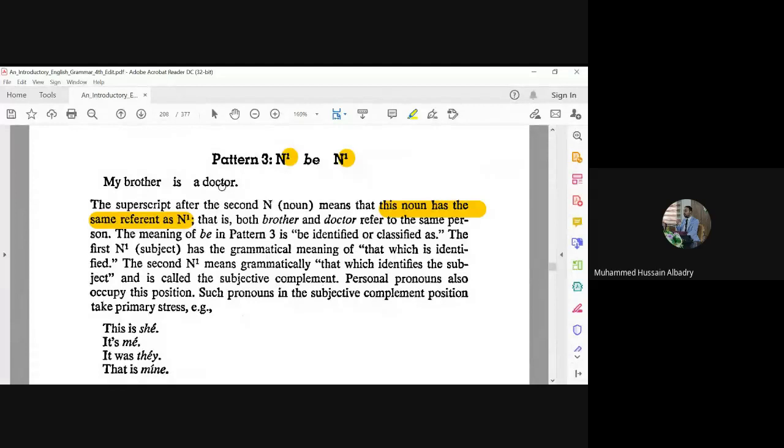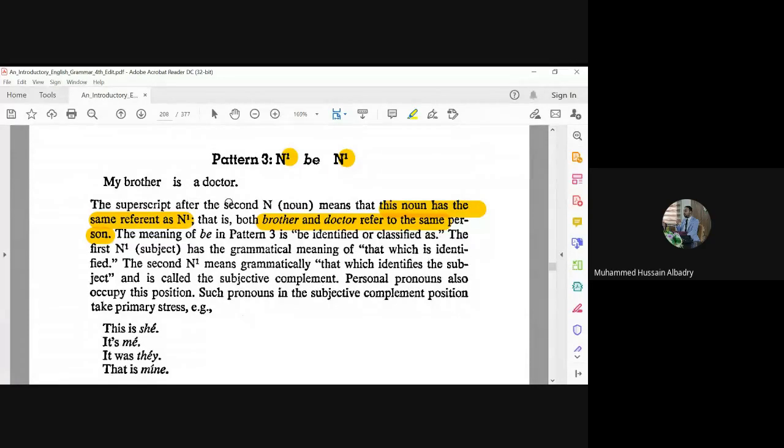My brother is a doctor. يعني that is both brother and doctor refer to the same person. لذلك يقول لك noun 1 noun 1 لأن احنا راح نشوف اكو باتنات عندنا ايش راح يصير noun 1 noun 2 noun 3 وراح يصير عندنا مثلا noun 1 noun 2 noun 2. شوف noun 1 noun 1 it means the same referent. من نقول لك noun 1 noun 2 noun 3 it means they are different. Okay, they are different. So here the same person.